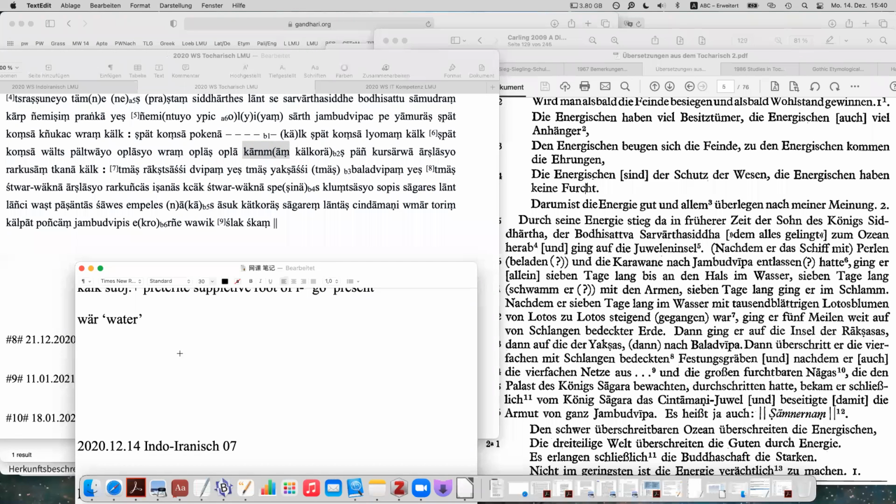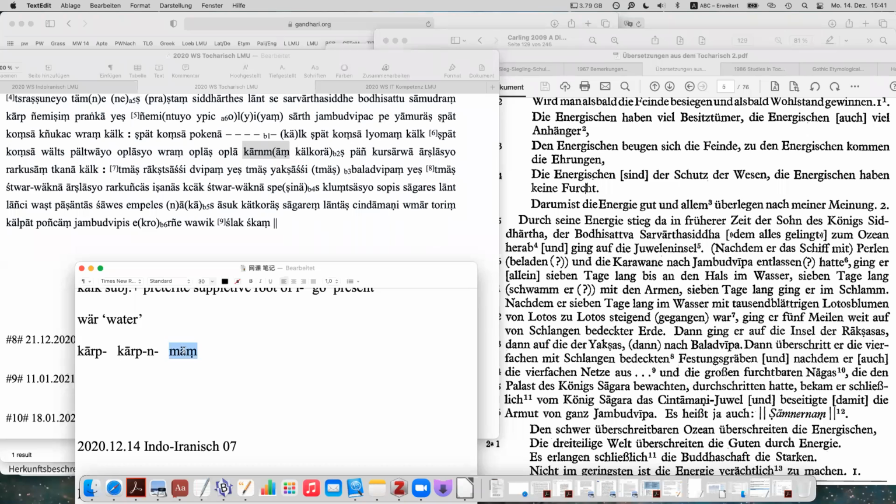So karman comes from the root carp, right? Okay. So carp is in present class 6, right? So with a nasal. So this is a root, and then the present is called carp, right?